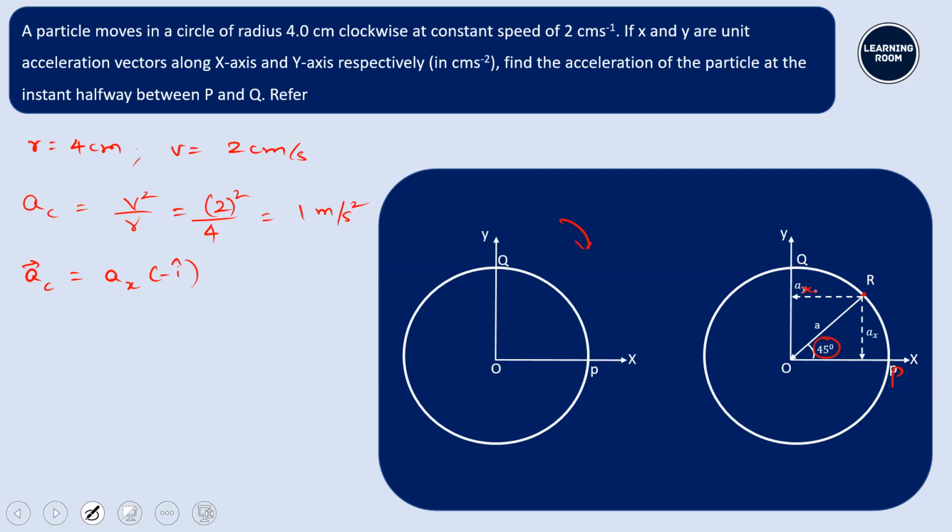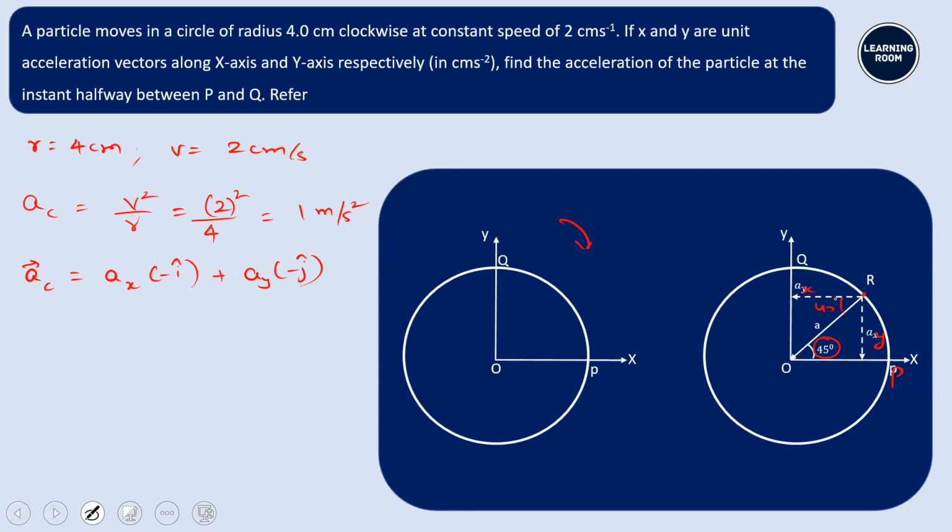So actually this will be X and this will be Y. Because the acceleration is in this direction, acceleration along X direction will be in this way, and Y direction will be downwards. Right? So acceleration along X direction is going to be equal to, if this angle is 45 degrees, this will also be 45.